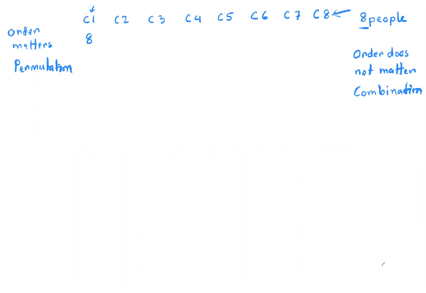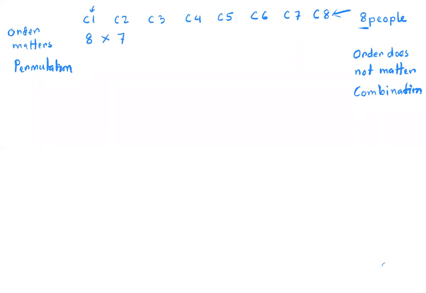Okay. Actually, it is not 8. Just because one person has already occupied chair 1, how many people are left? There are 7 left, right? So 7 different ways chair 2 could be occupied. Then together, they could be occupied in 7 times 8.